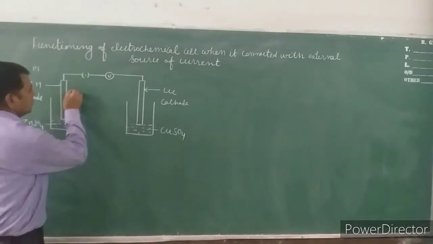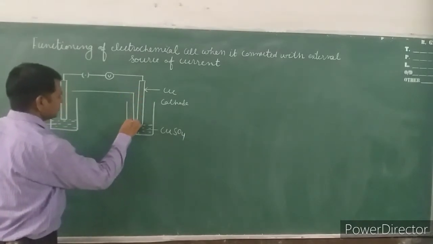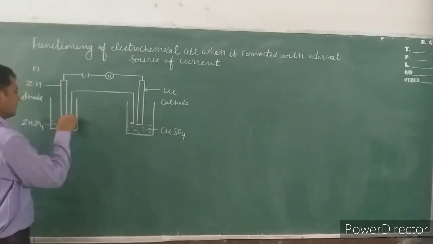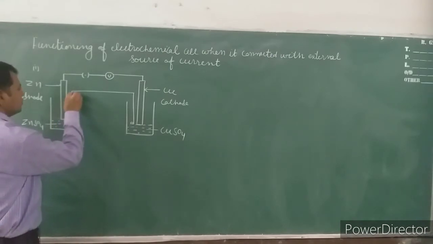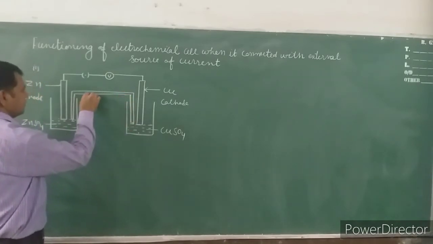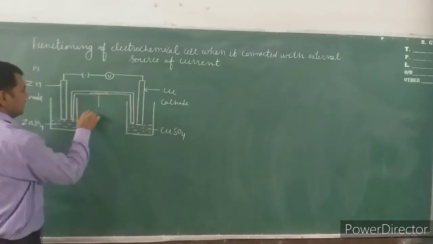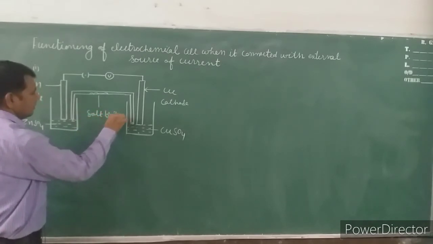And these two half cells are connected with an inverted U-shaped glass tube, which is known as a salt bridge. What is the composition of the salt bridge and what is its work? We have already explained. This is the salt bridge.